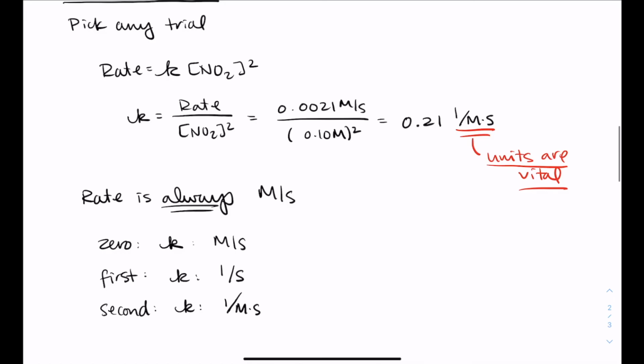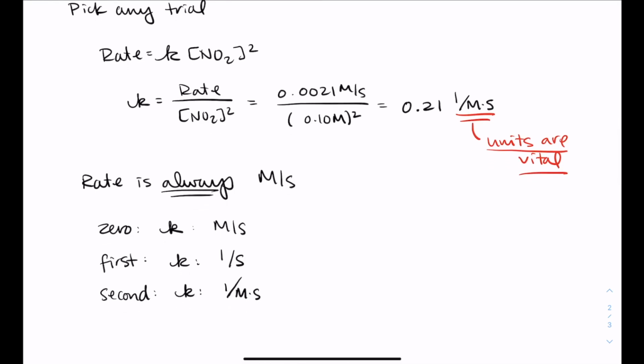My concentration is non-existent, so the units on my rate constant are molarity per second. For first order, the units of my rate constant are 1 over seconds, because I have units of molarity and I have nothing that would contribute per second, so my rate constant does.